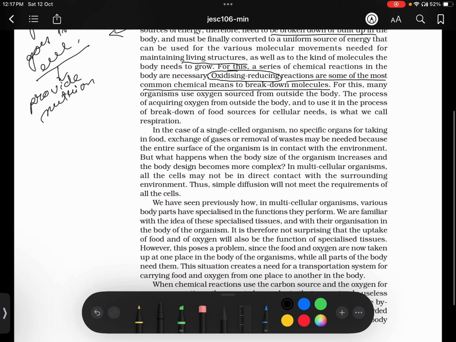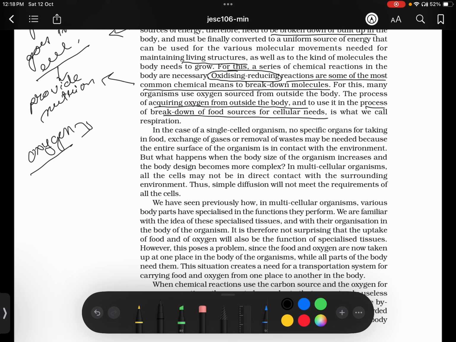There is also the process of acquiring oxygen from outside the body. We get oxygen from the environment into the body, and this oxygen helps us in various chemical reactions and in the breaking down of food sources inside the cell, as I have already told.